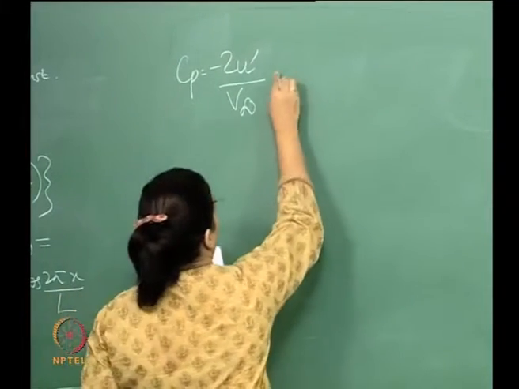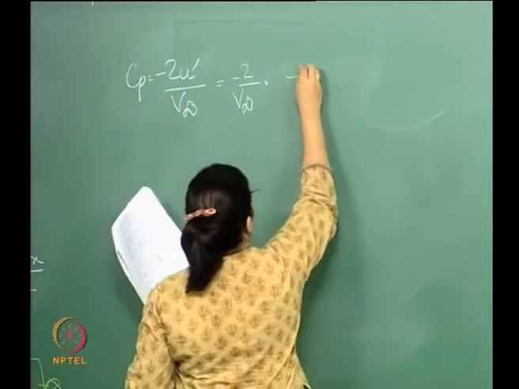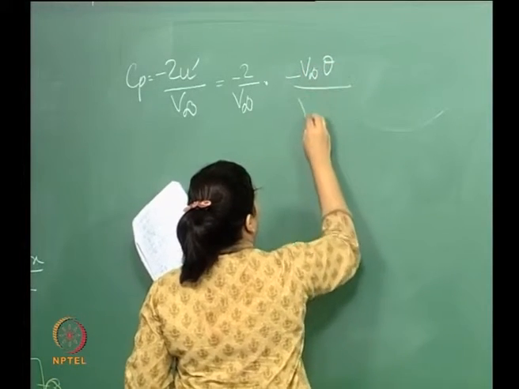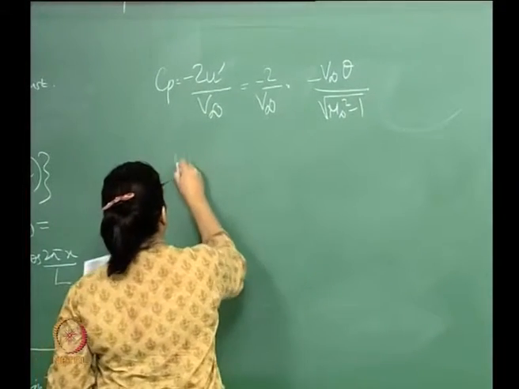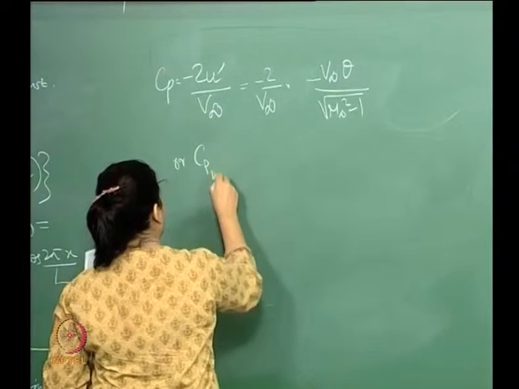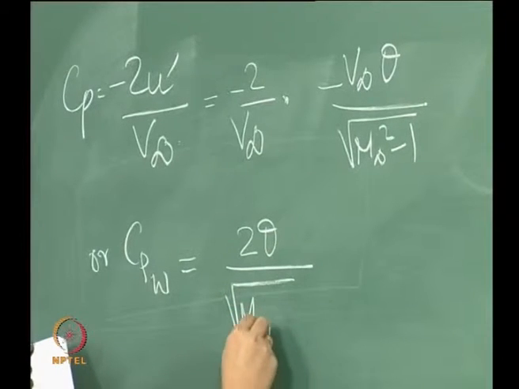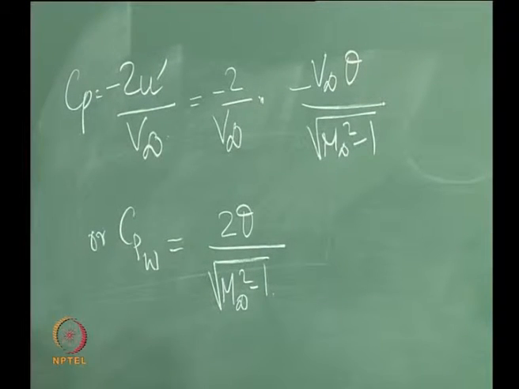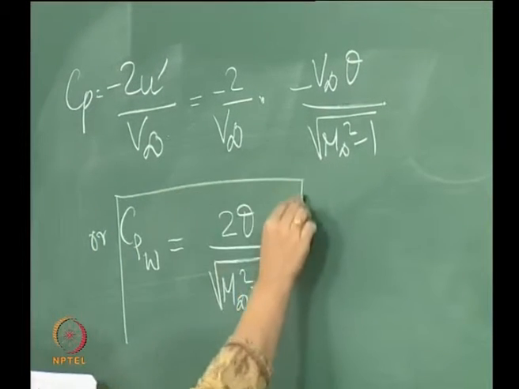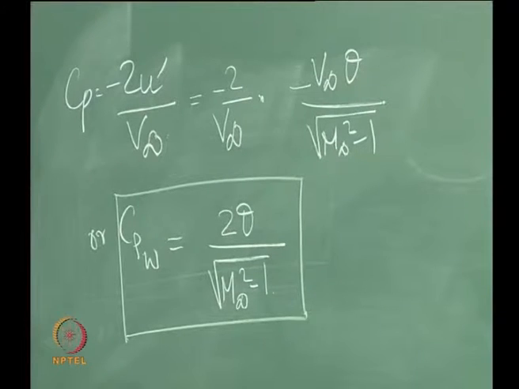So I can incorporate this for u dash, and what we get is Cp at the wall. So now this is what we get at the wall.